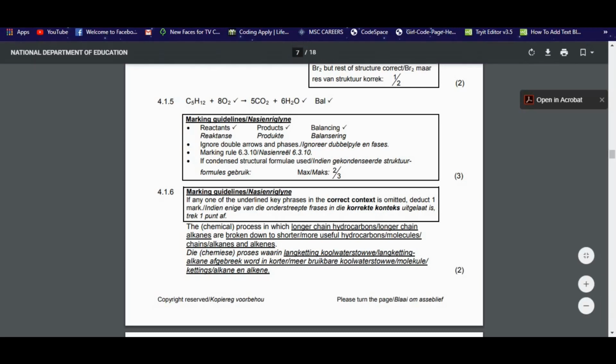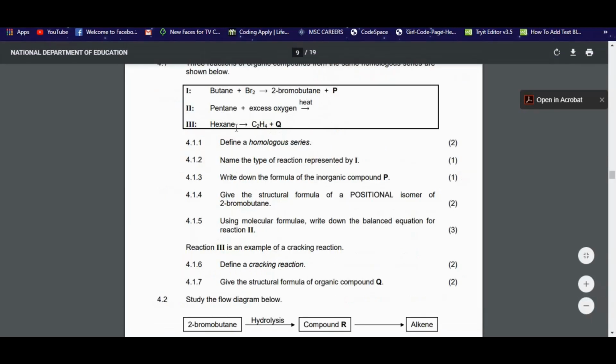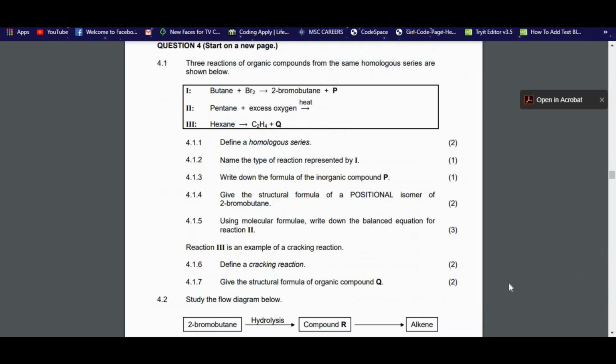Having a look at reaction 3, we have hexane, which is 6 carbons, and breaking that down, of course, into smaller bits. So it is a chemical process by which you take longer chain alkanes and make them into shorter, more useful alkanes and alkenes. Hope everybody has caught that for 4.1.6.